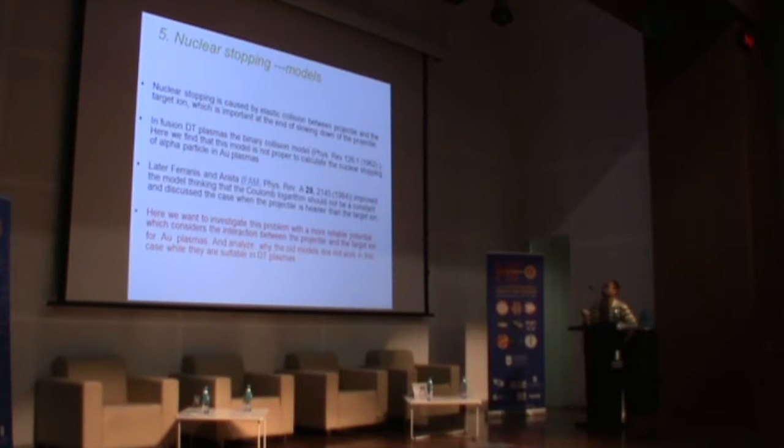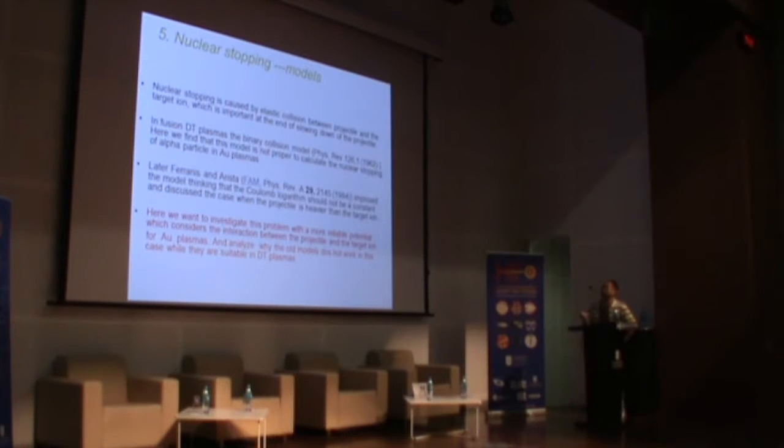Since nuclear stopping has important influence upon our final result, it is necessary to give some introduction about it. Nuclear stopping is caused by elastic collision between projectile and the target ion, which is important at the end of the slowing down of projectile.